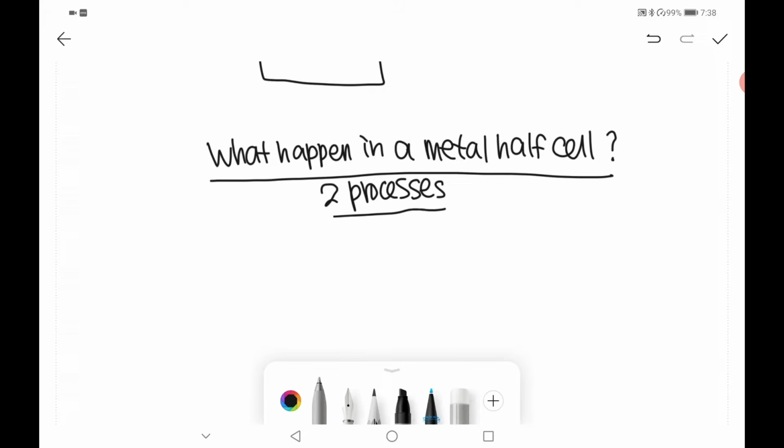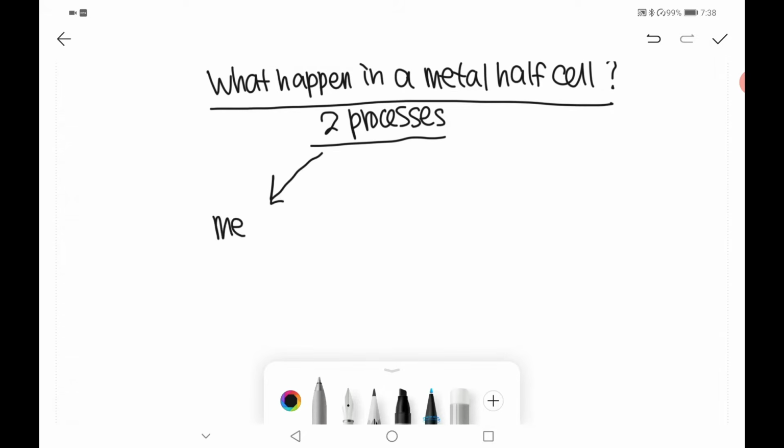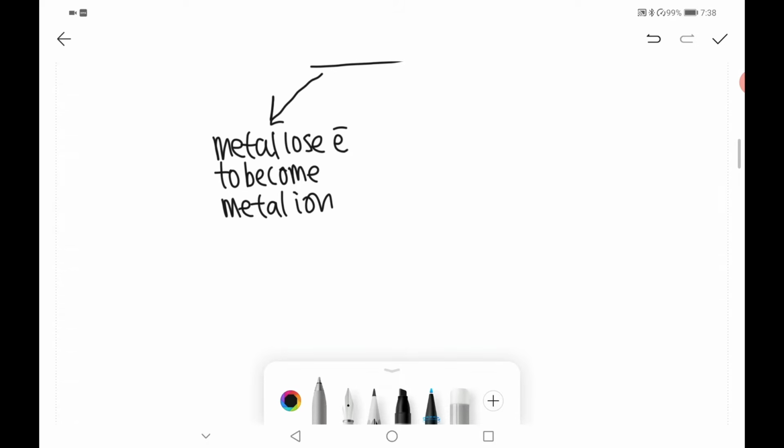The first process that happens is that the metal that we have will lose electrons, and after the metal loses electrons, it becomes a metal ion. Let me give you an example.